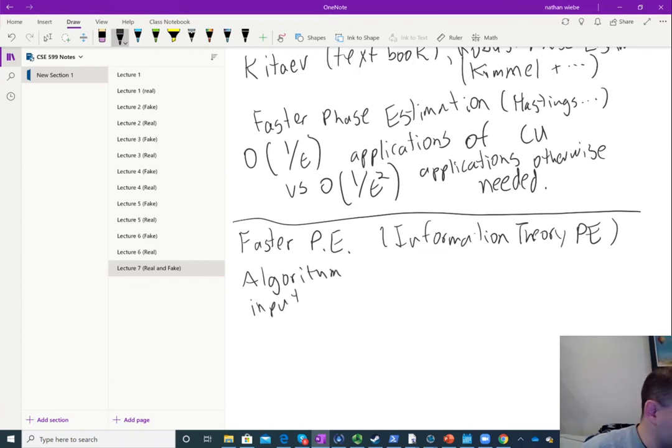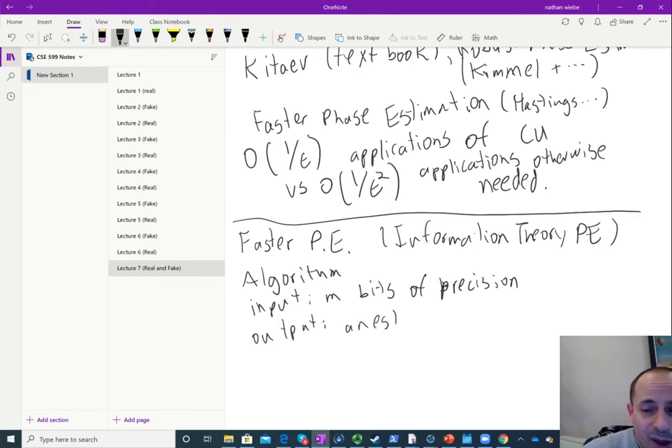We input m bits of precision. So we want to know how many bits of precision we want, which is the same thing as the number of bins in the prior distribution that I mentioned above. And we output an estimate of theta sub j with error 1 over 2 to the m plus 1 minus 2 with high probability.